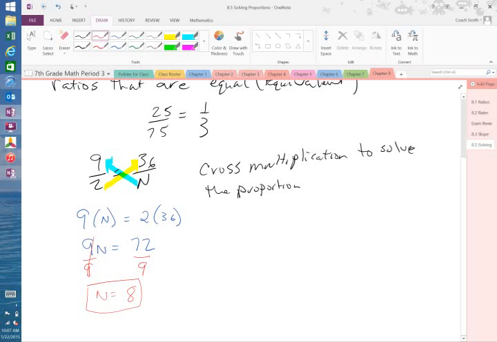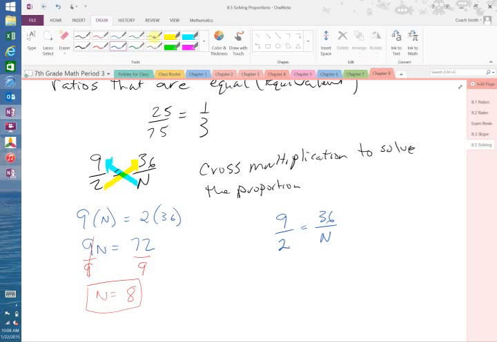Now, I want to show you on this specific problem what they talk about in 8.4. In this specific problem, if I redid the proportion, what did we do to 9 to make it 36? Multiplied by 4. And so to keep them equivalent, you would have to do the same thing on the bottom.